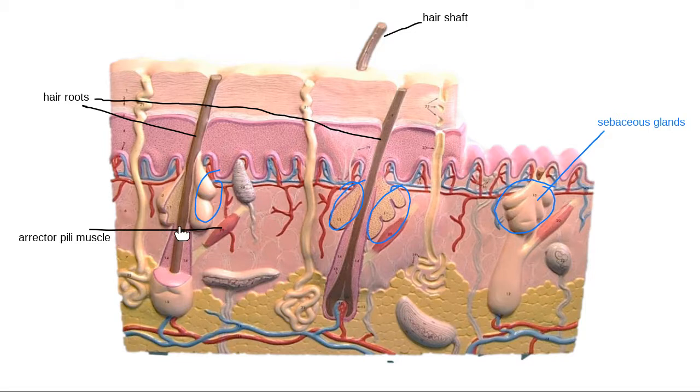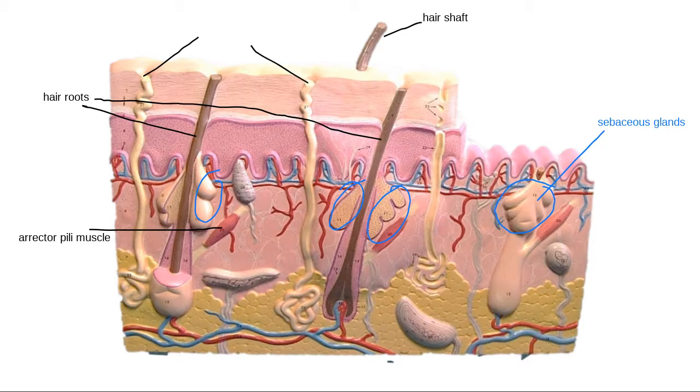Erector Pili muscles, they stand up the hair. Sebaceous glands, they dump sebum onto the hair. Let's talk about the other kind of gland that we have in our body, and that's these ones that I see right here. These ones that go all the way to the surface of your skin. So let me label these ones here.